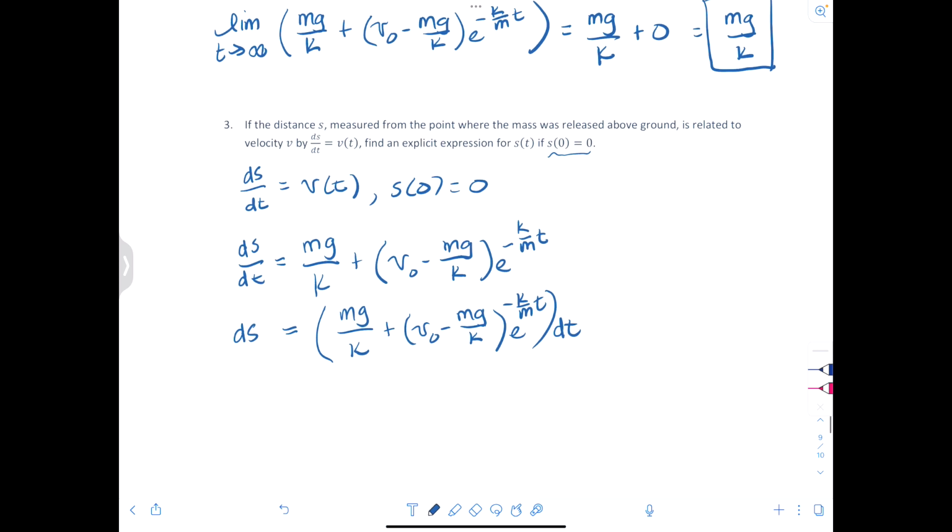All right, so integrating both sides of this, a couple things going on. So I'll have s on the left side, and then this first term will be m times g over k times t. Now v0 minus m times g over k is just going along for the ride.